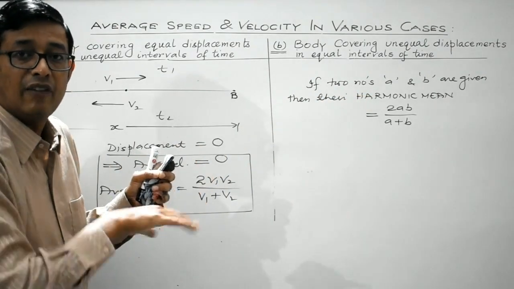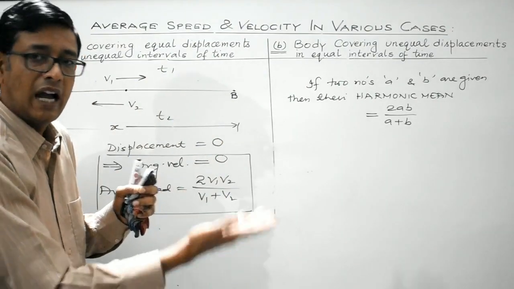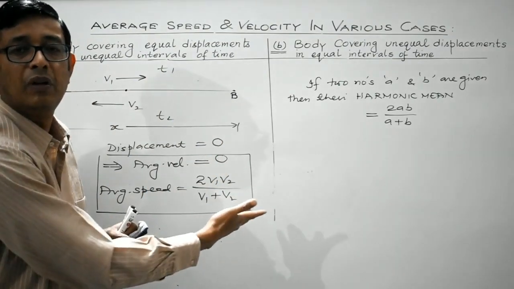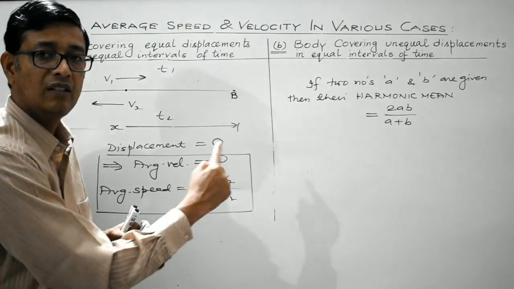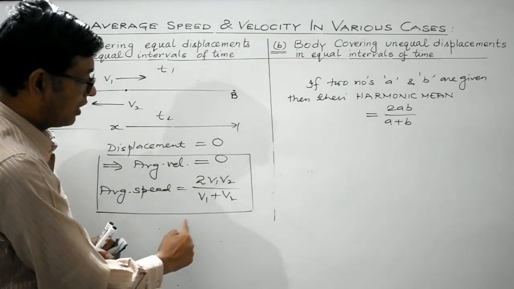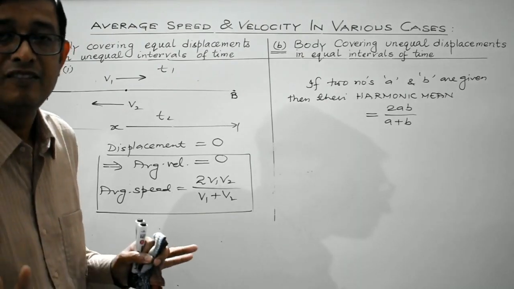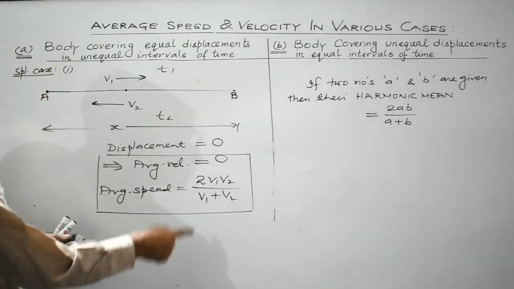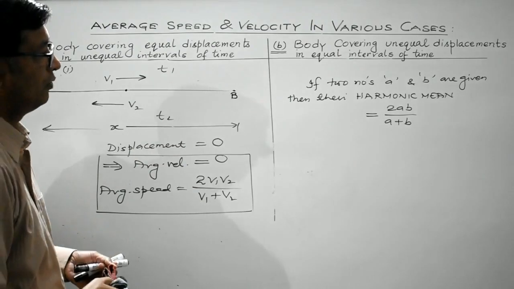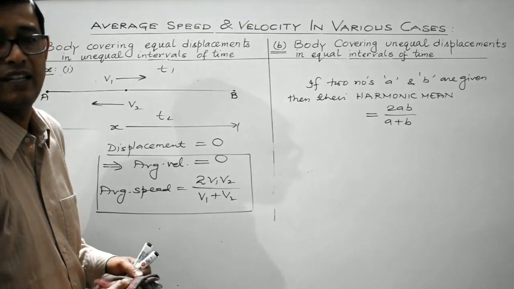Here the average velocity would be 0. Average speed, as we are aware, will be given by the harmonic mean of v1 and v2, which is twice v1, v2 divided by v1 plus v2. Is it clear? So do remember this concept. We can consider another special case as well.